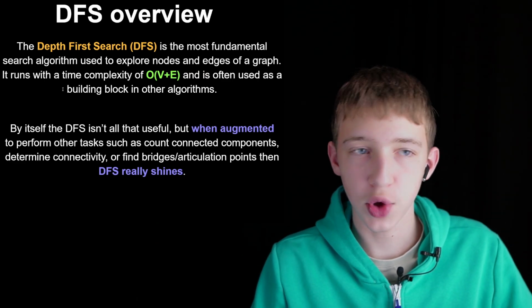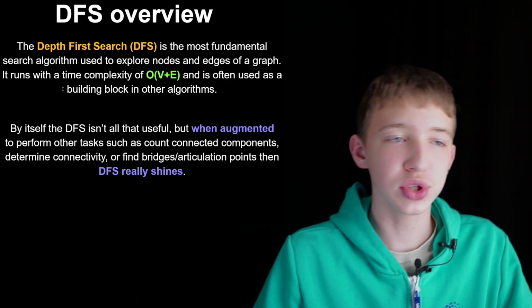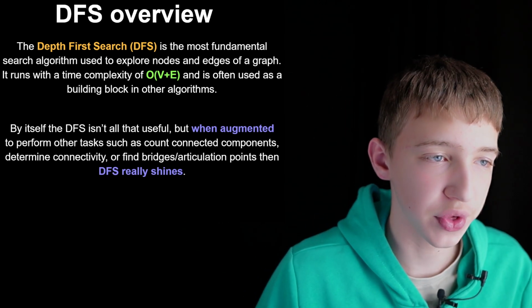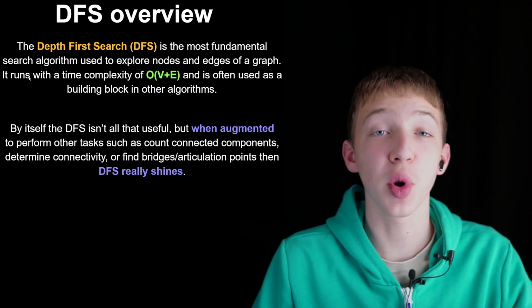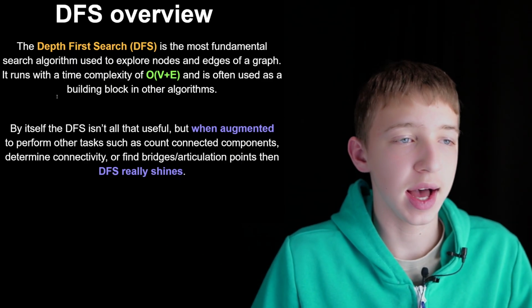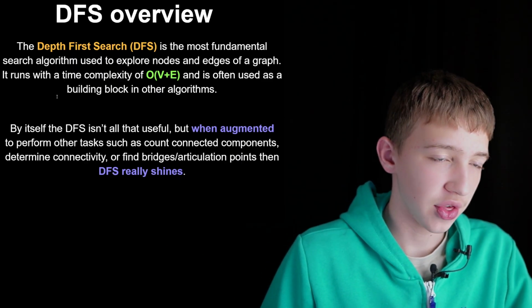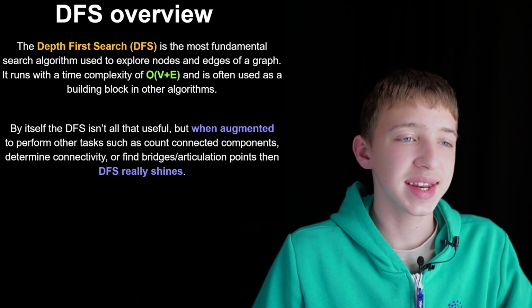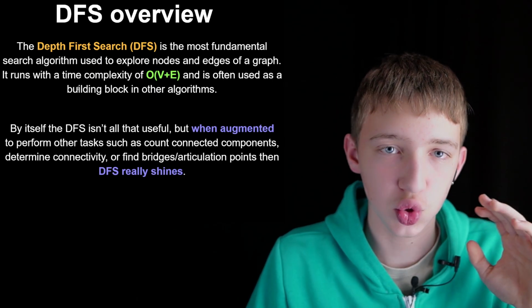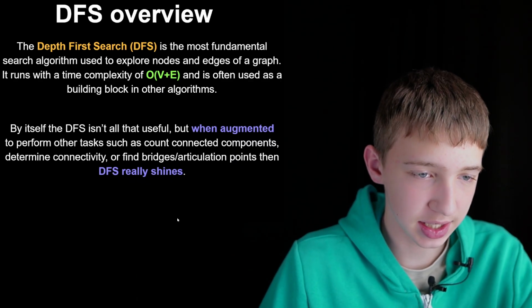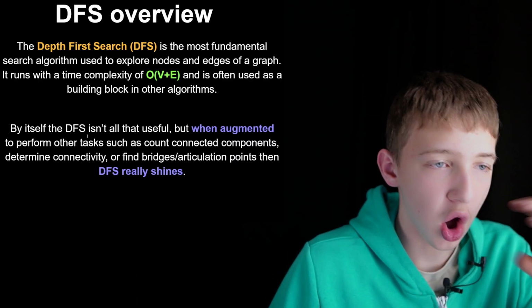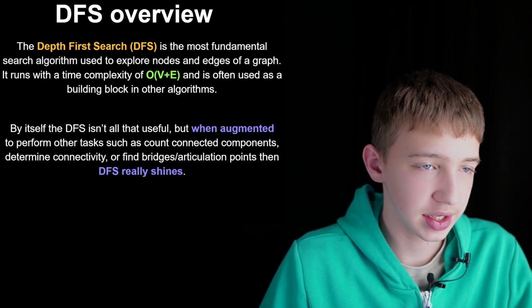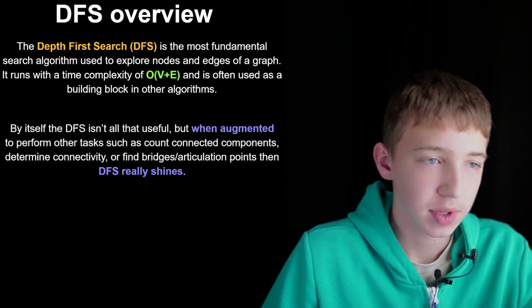It allows us to explore the nodes and edges of the graph, to traverse through the graph. So that is a form of traversal algorithm. A nice thing about this, to put it in other words, is that it is really easy to code, and it runs in a time complexity of big O of V plus E, that is vertices plus edges.